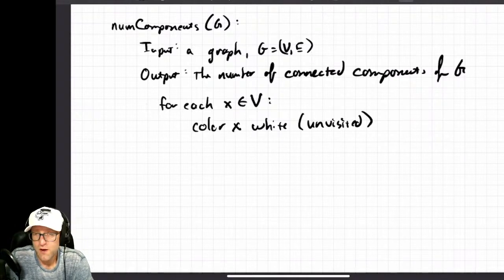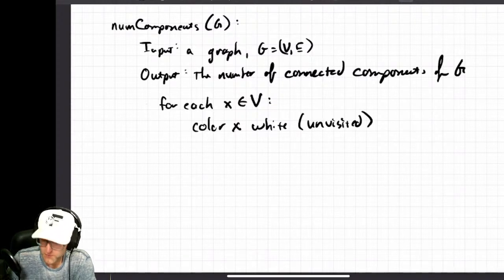Again, we go with white, gray, and black simply because it's easy to visualize. If you were to actually code this, I wouldn't call them white, gray, and black. I would call them what they are: visited, unvisited, processed, complete, whatever. Right? Hopefully you did that when you did your assignment.